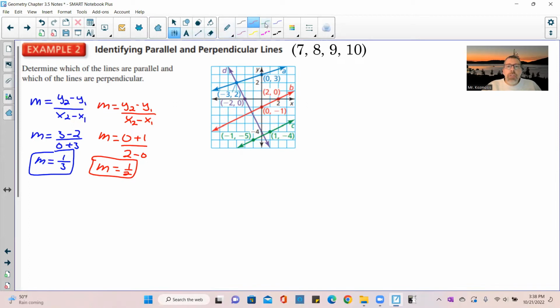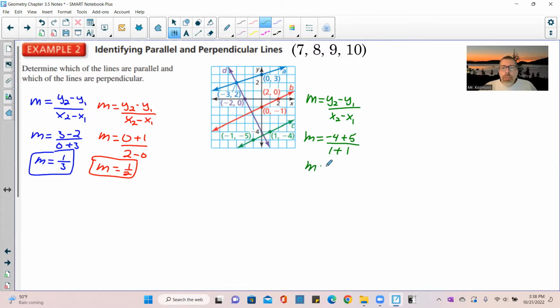All right, let's move on to the green line, which is C. I'll do that over here. M equals y2 minus y1 divided by x2 minus x1. M equals y2 is -4, y1 is -5, minus a -5 is +5. 1 minus a -1 is 1 plus 1.